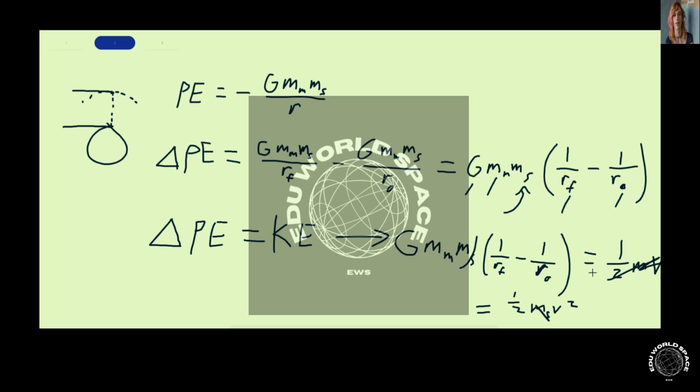That means if you just move everything over and solve for v, which, by the way, I should have clarified, this v is vy, the velocity in the y direction, we actually get the square root of 2G mass of the moon times 1 over r final, which is just the radius of the moon, big R, since its final position is on the surface of the moon, minus 1 over r plus 50,000.